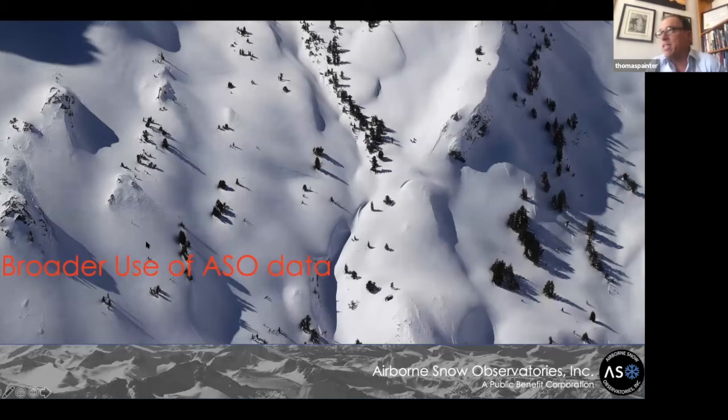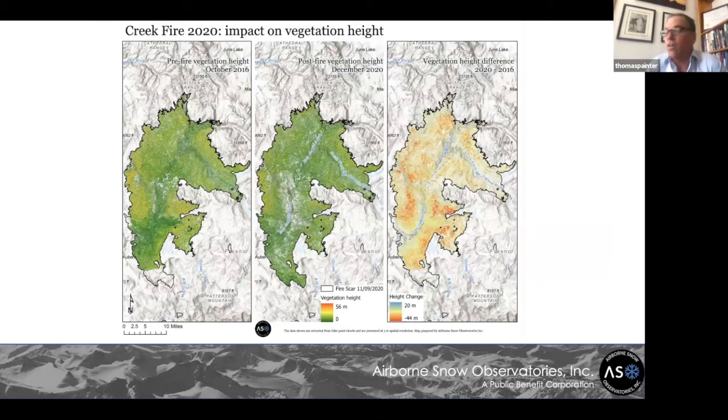All right, so let me talk about the broader use of the ASO data. So first of all, I want to highlight the Creek Fire acquisitions that we did back in the late fall after the fire went out. This is showing the pre-fire vegetation height from our snow-free acquisition in 2016, and then the updated acquisition in early December.